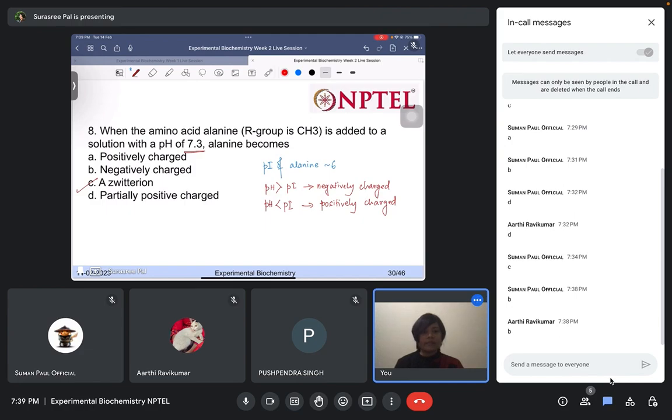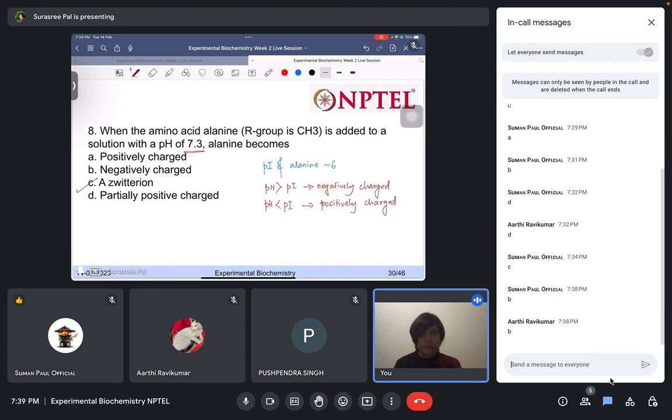But if the pH was approximately 9 or something, then this alanine will lose its alpha amino group proton, and then its charge will change. Am I correct? When will the charge of the alanine change?